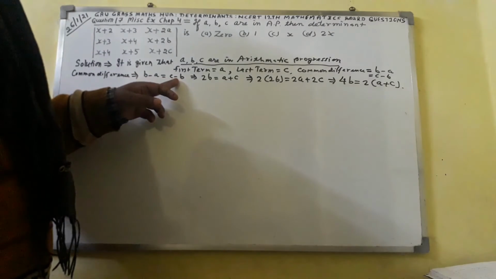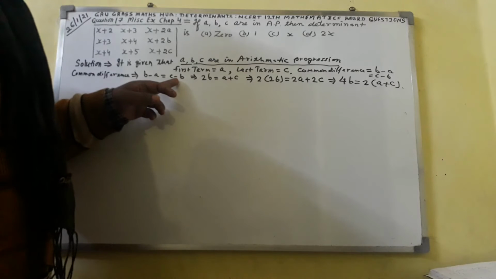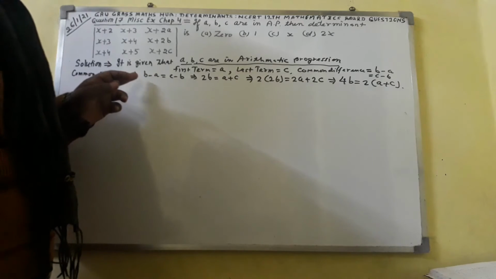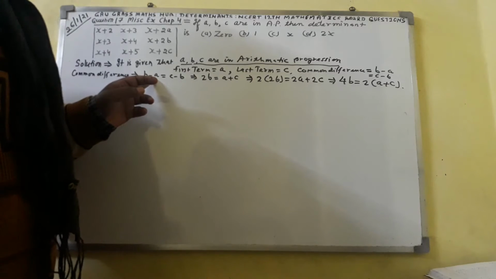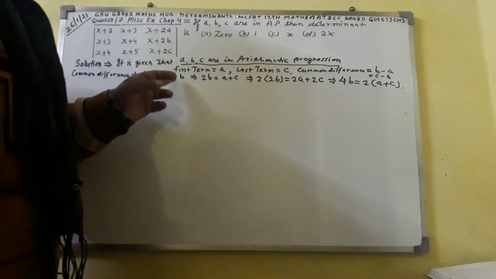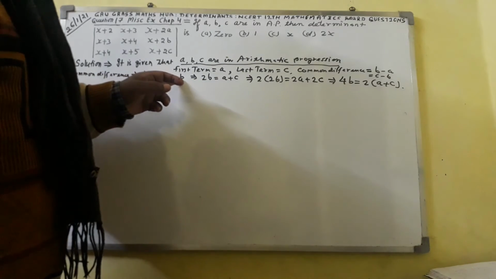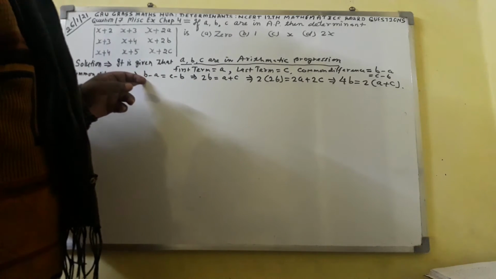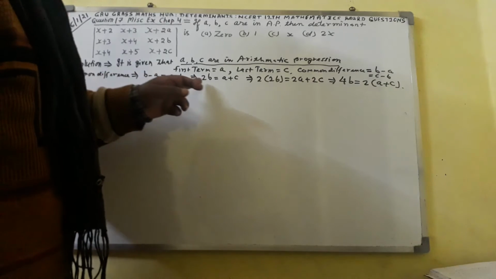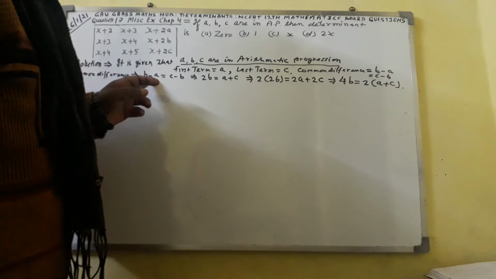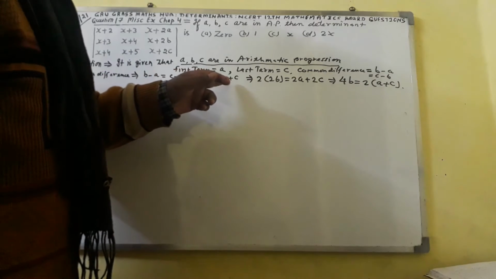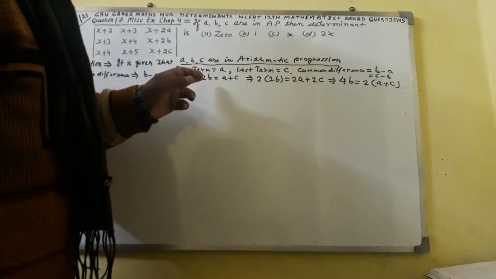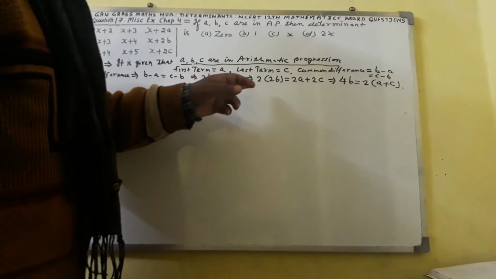Minus b on the right-hand side moves to the left-hand side, it becomes 2b equal to a plus c.